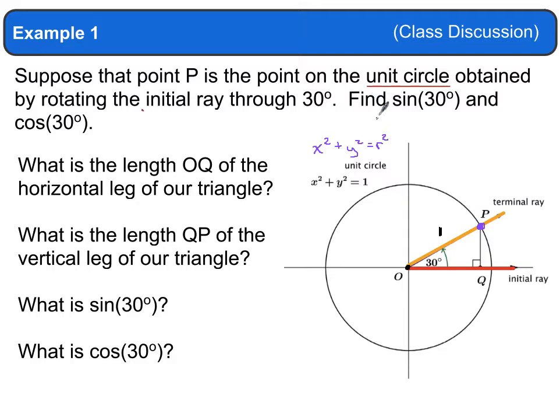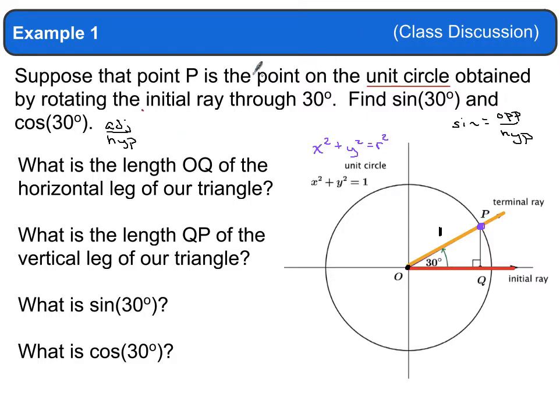So with that definition, we take a look at these. They want us to find the sine of 30 and the cosine of 30. So remember, sine, we just mentioned a minute ago, is opposite over hypotenuse, and the cosine is adjacent over hypotenuse.